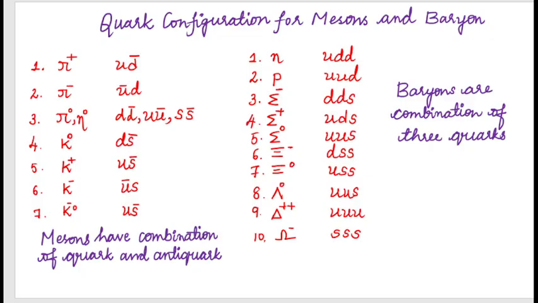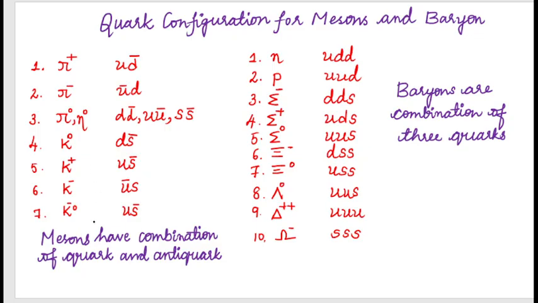Next we will be moving to the next slide called quark configuration for mesons and baryons. In my previous video I explained about the meson particles and also the baryon particles. See here: pi positive, pi negative, pi 0, eta 0, K 0, K positive, K negative, K bar 0.